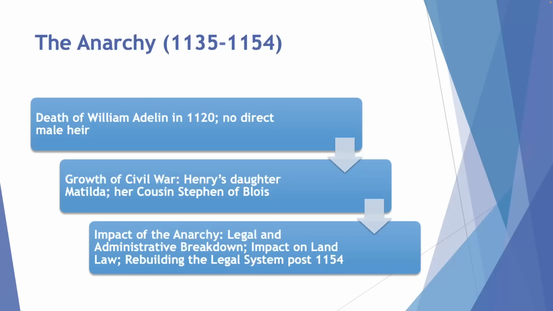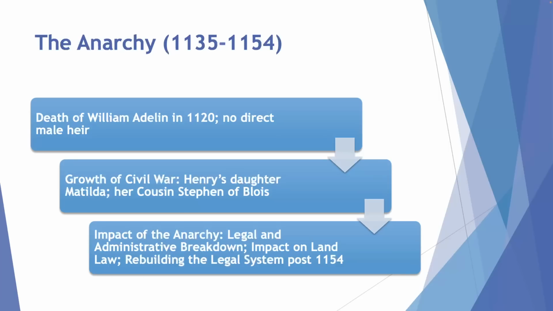In particular, there was an impact on land law. Land disputes were particularly acute during this period, with both Matilda and Stephen attempting to secure the loyalty of various powerful barons in order to try and secure the succession themselves. Landholding then became a key aspect of political power, and many individuals, especially those who lived in the countryside, would rely more on local lords for justice than on royal courts.